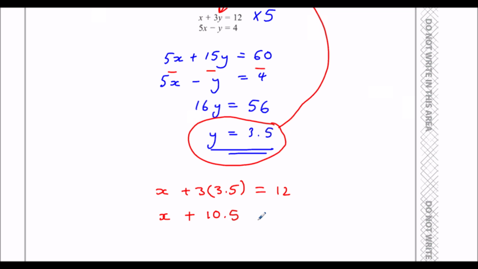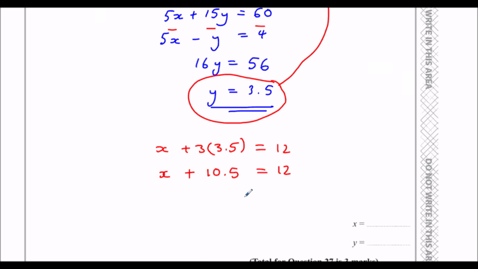So x plus 10.5 equals 12. And subtract 10.5 from both sides, and that leaves me with 1.5. So x is 1.5.